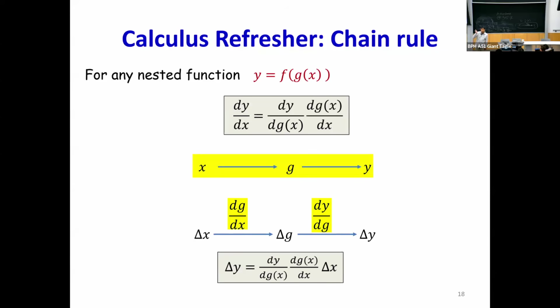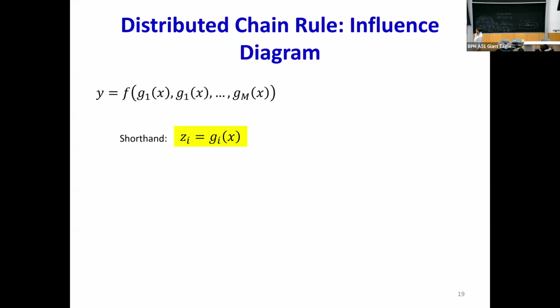Now I can take this one step further, and I can have a function of this kind, where y is a function of many variables, but each of those variables is in turn a function of x. What would this influence picture look like? Anyone? It's like a diamond.